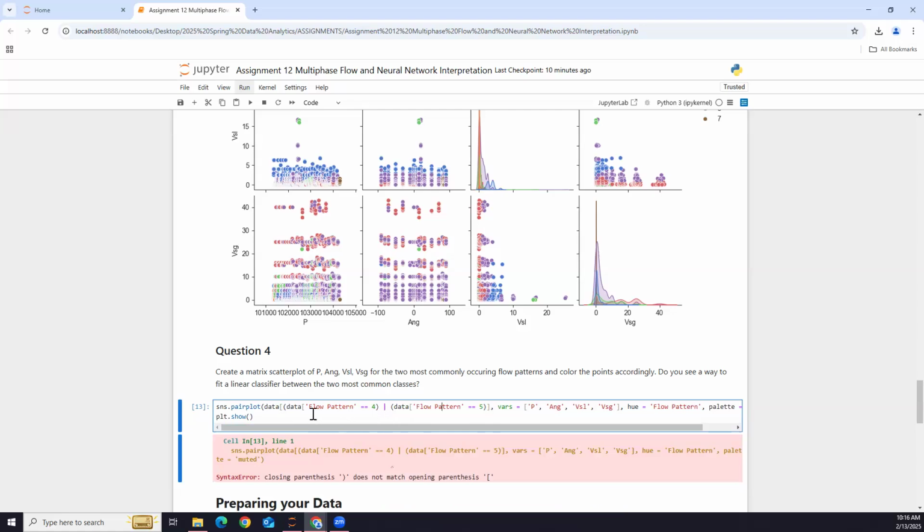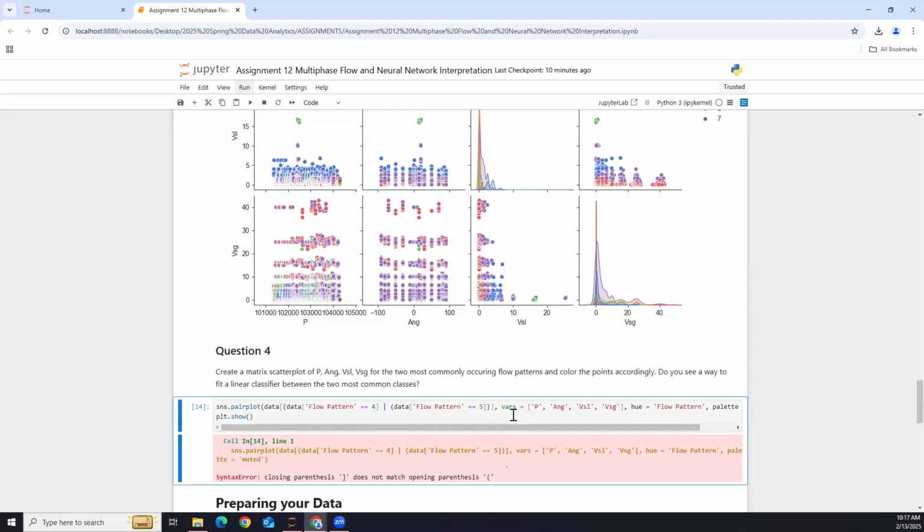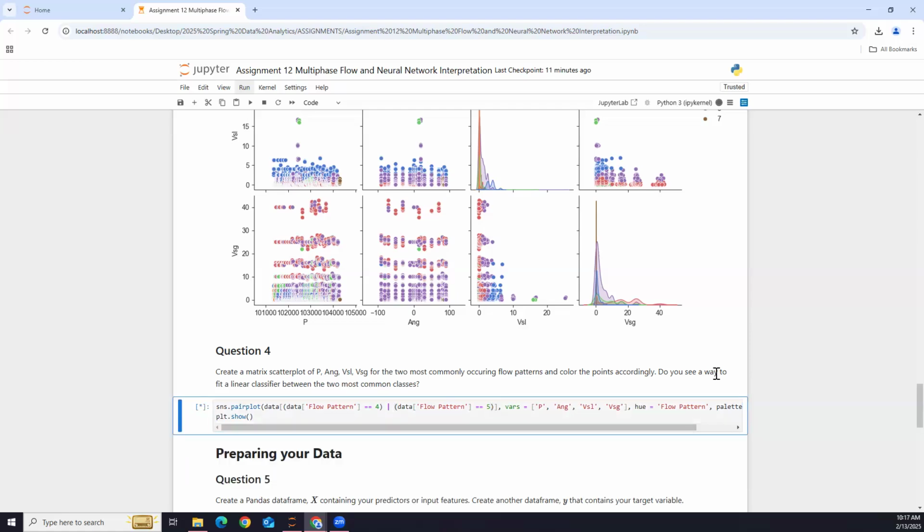So I did not match the parentheses, and that's a common mistake that I make. I should be a little bit more careful about doing this. All right.